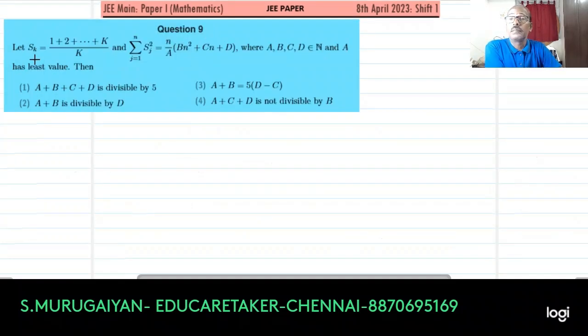Question 9. Let S suffix k be defined as 1 plus 2 plus 3 plus 4 plus 5 up to k, divided by k, and the summation of Sj square, j varies from 1 to n, is given as n by a into b n square plus cn plus d, where a, b, c, d are natural numbers and a should be the least value.